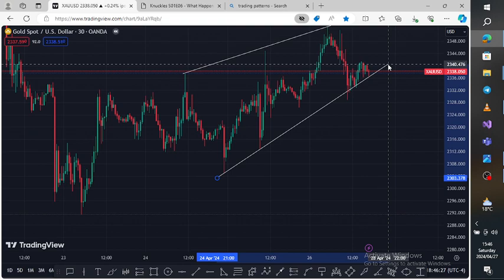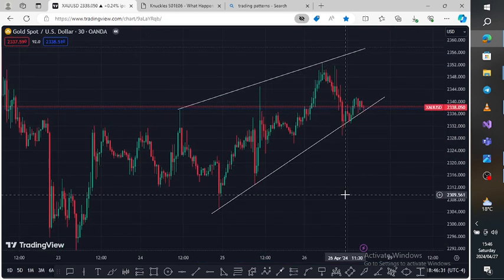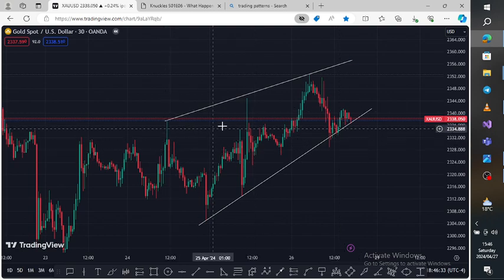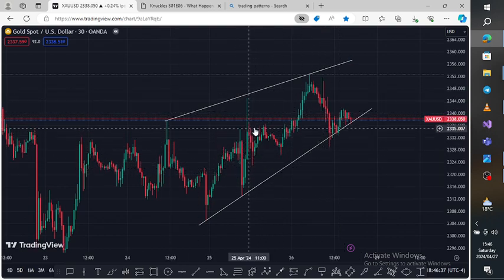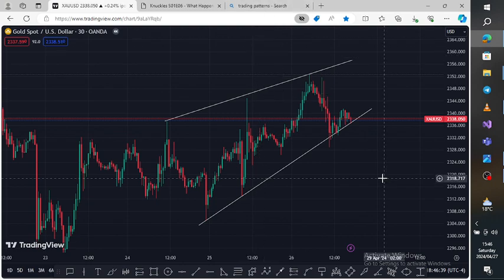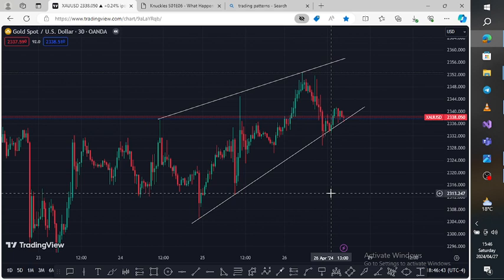I drew my trend lines in this format because at this point I thought this could be a structure, only to find out that it's none of any trading patterns, rather it is a trend on its own. It's just narrowing at the end.